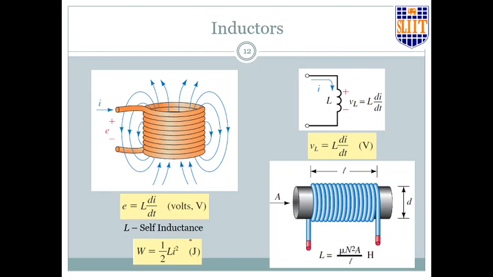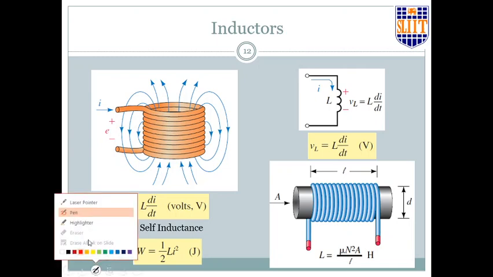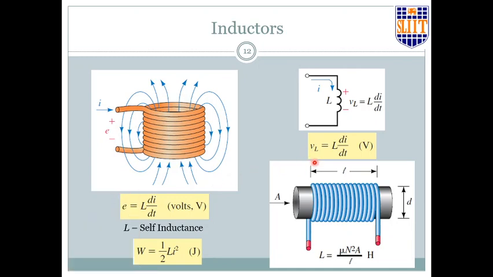And the relationship, in the case of the capacitor, was I is equal to C dV by dt, but now it is the other way around. V is equal to L dI by dt.